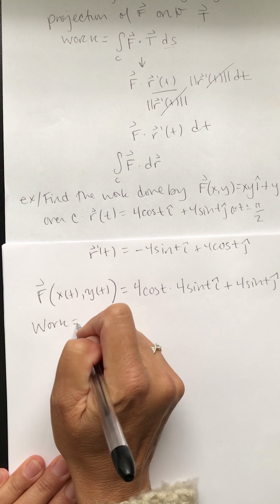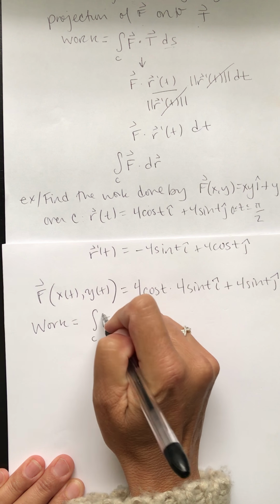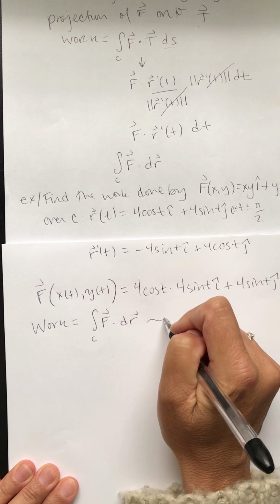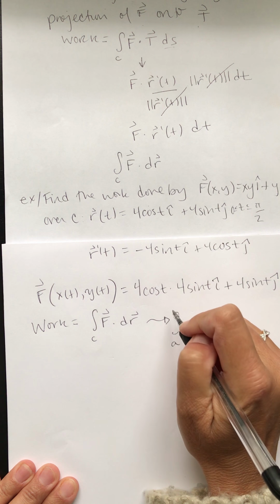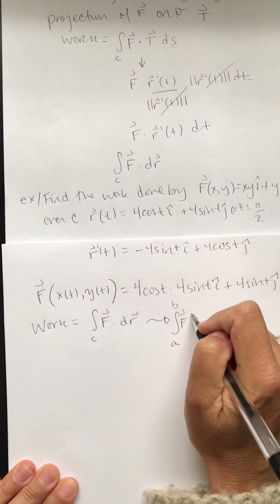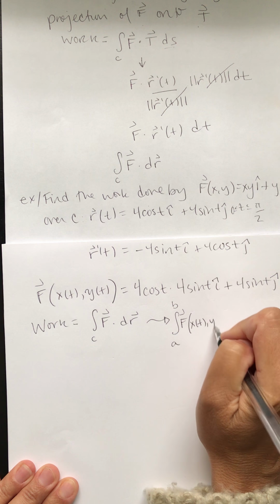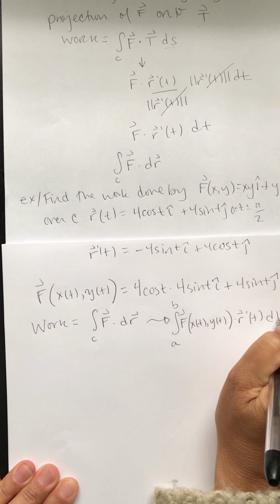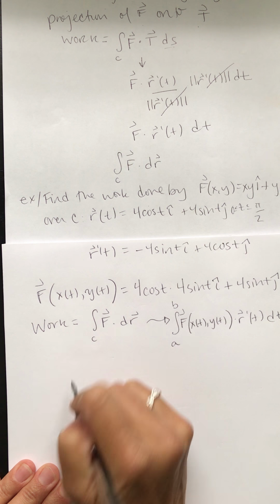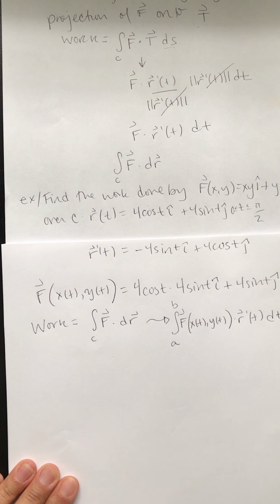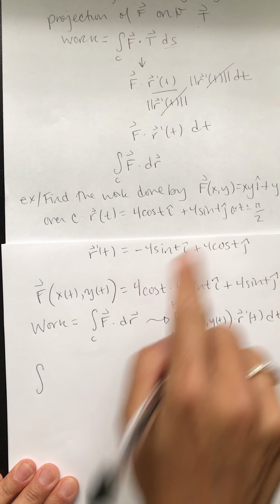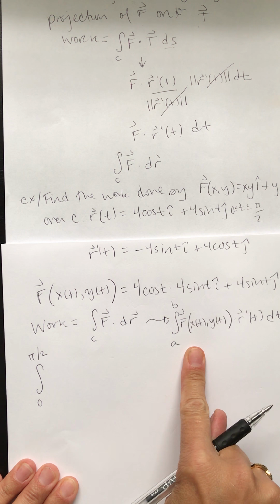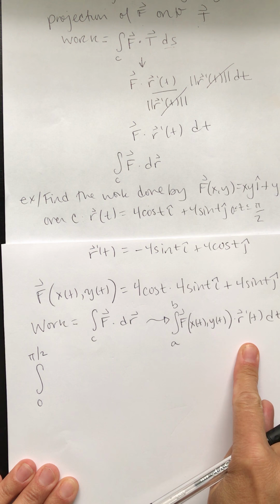So work is the accumulation over the curve of F dot dr. Remember we're going to turn this into the integral from a to b of F(x(t), y(t)) dot r'(t) dt. To make this an actual integral we can use, this will be the integral from, what were my t-bounds? 0 to pi/2. Now I'm literally going to dot F and r'(t).